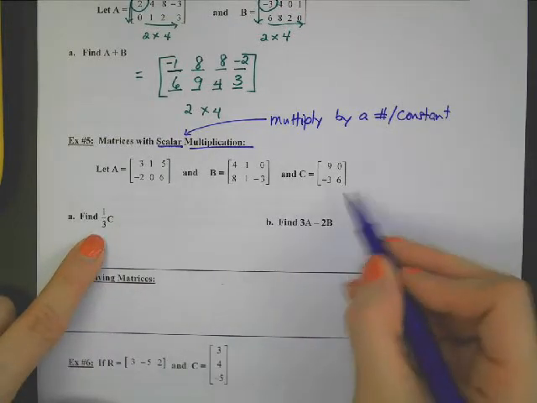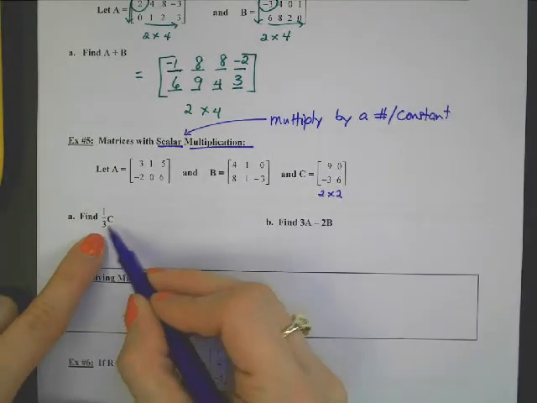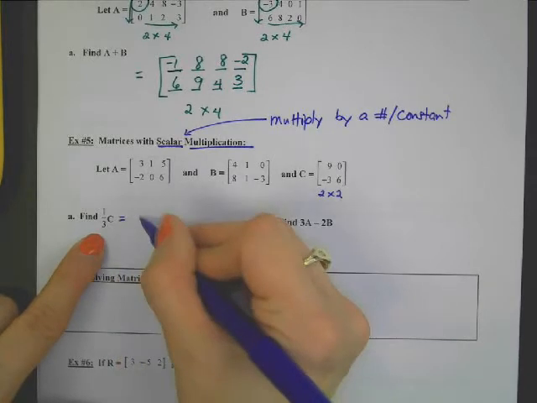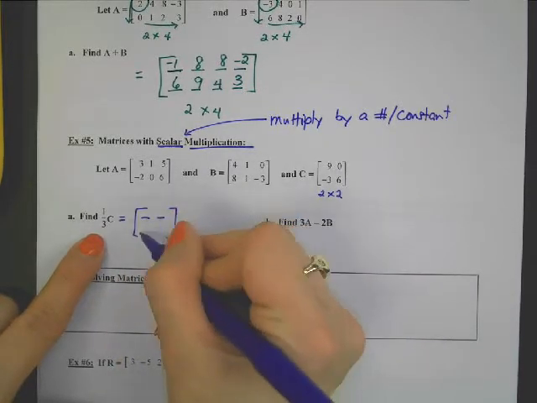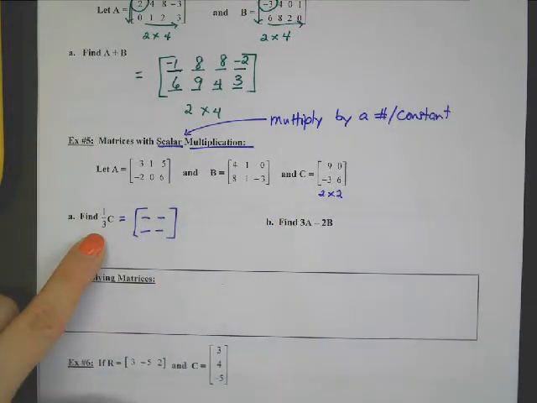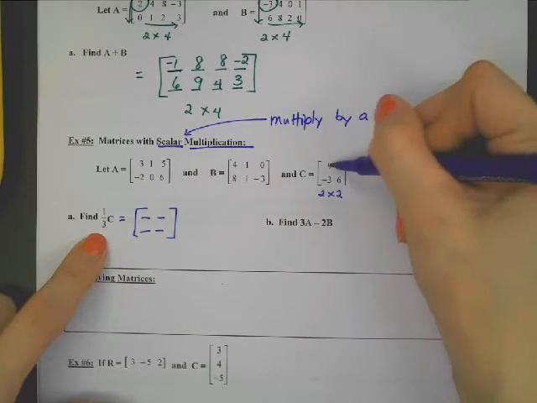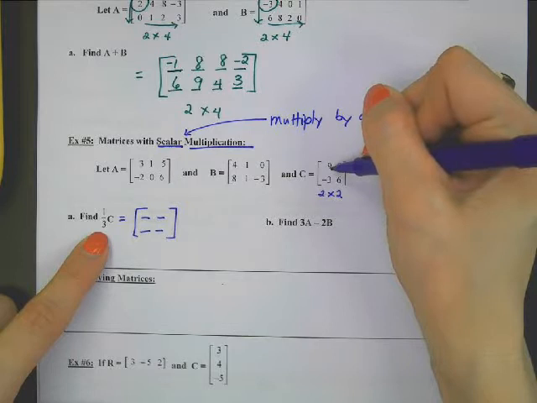1/3 of C. So we're going to be taking matrix C right here, which is a 2 by 2, and we're going to do 1/3. So the answer is also going to be a 2 by 2, 2 entries across the first row, and then 2 entries across the second row. And I'm going to do 1/3 of every entry, 1/3 of 9, or 9 divided by 3.